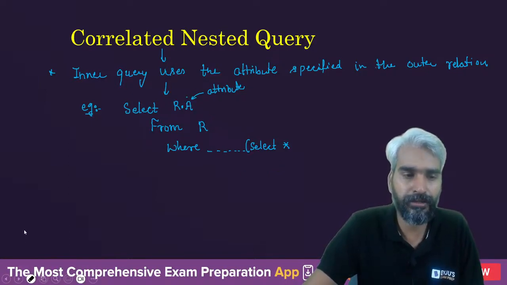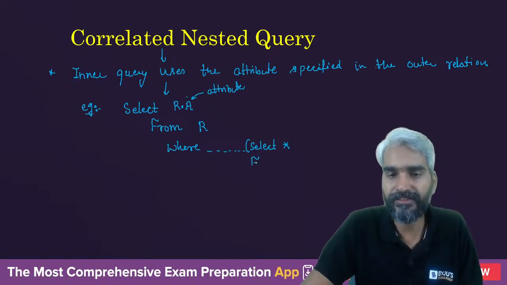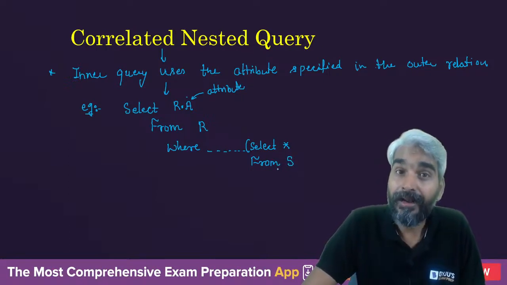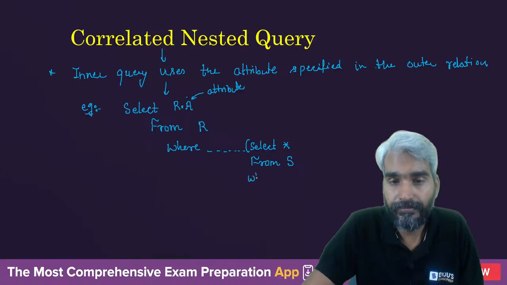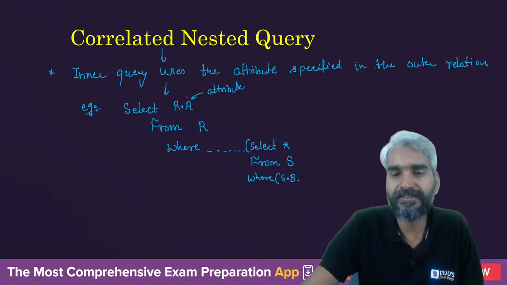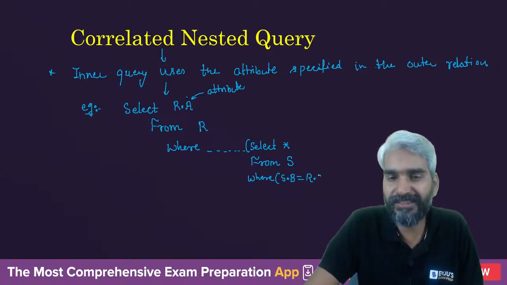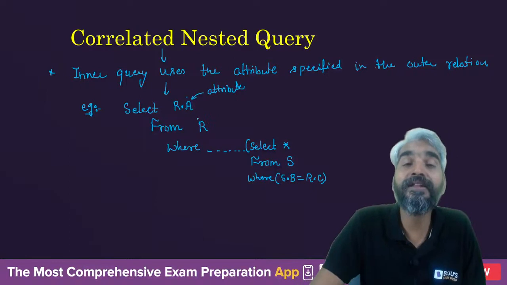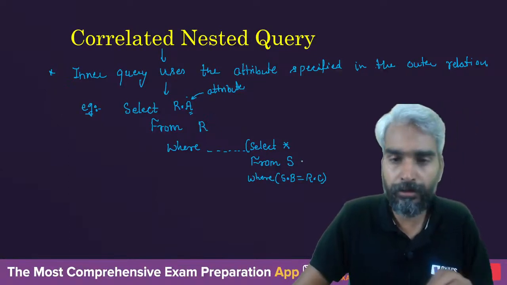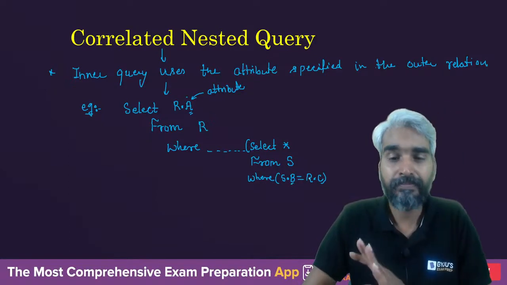Let's say the inner query uses some other relation S. Select asterisk from the relation S. But here a where condition is being applied, where some attribute B of S is equal to some attribute C, and this C can be any attribute from the relation R. It's not necessarily the attribute which is being projected in the outer query, or the attribute with which it is being compared. It can be anything.